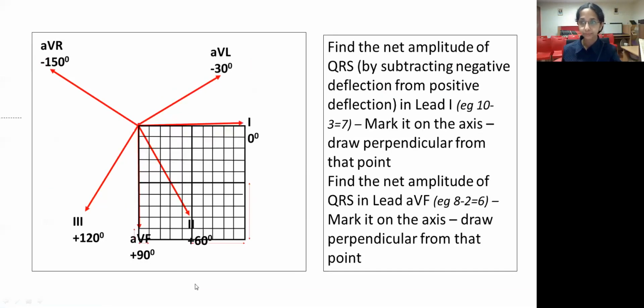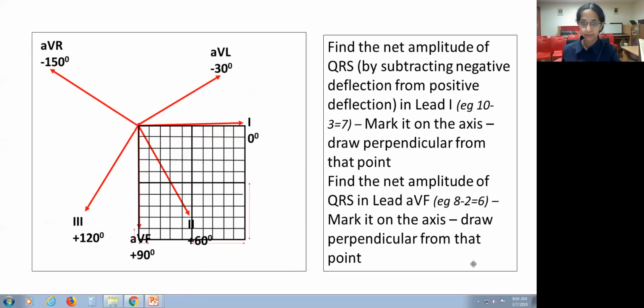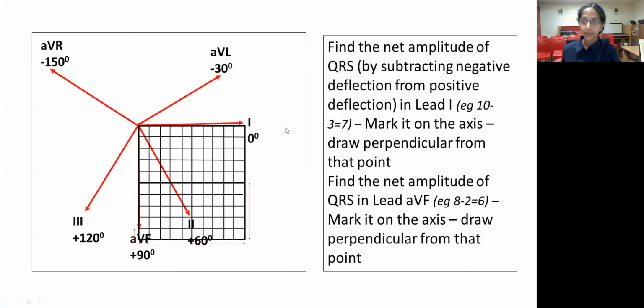That's called an equiphasic deflection. So let's see an example here. If I have a lead 1 where 10 is the R and 3 is the S wave, I will plot a line at 7 in lead 1 because it's 10 minus 3.